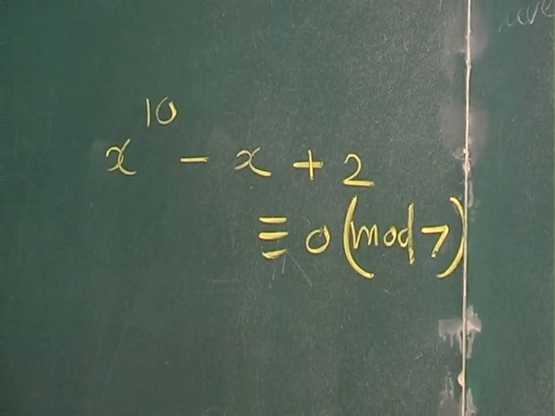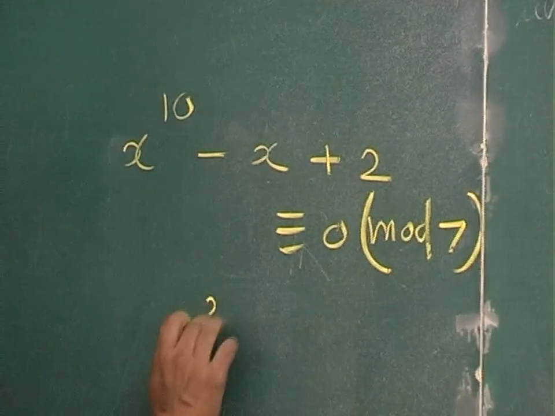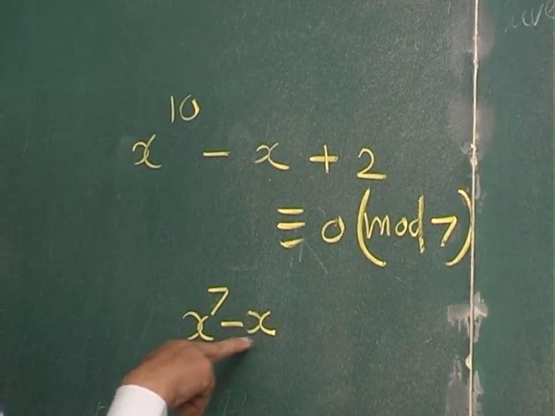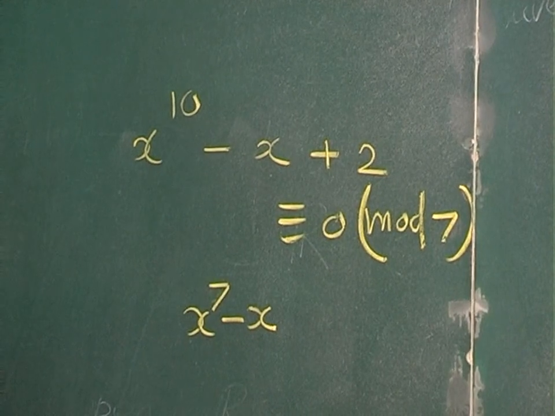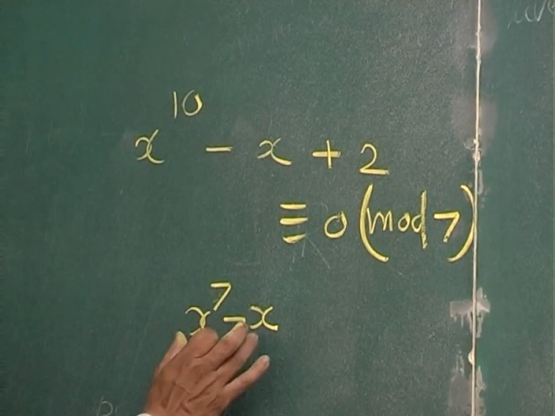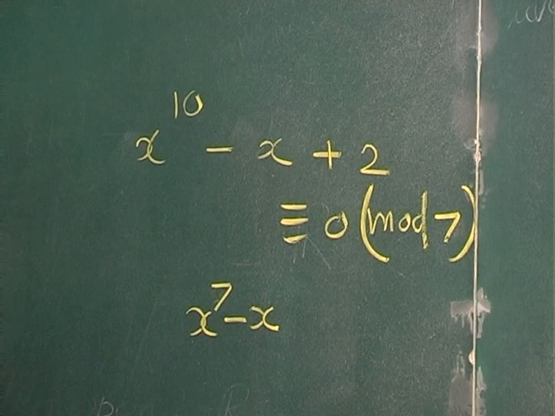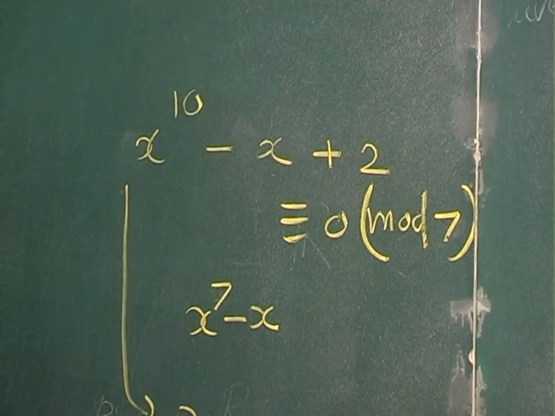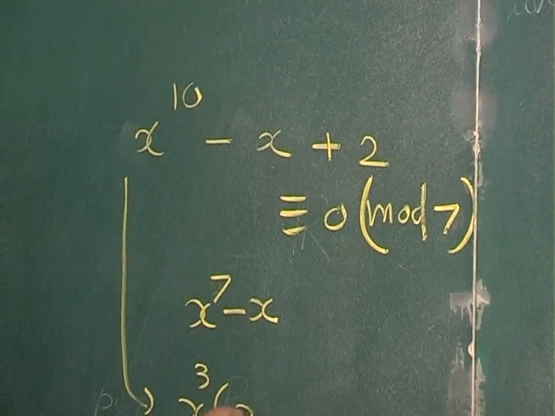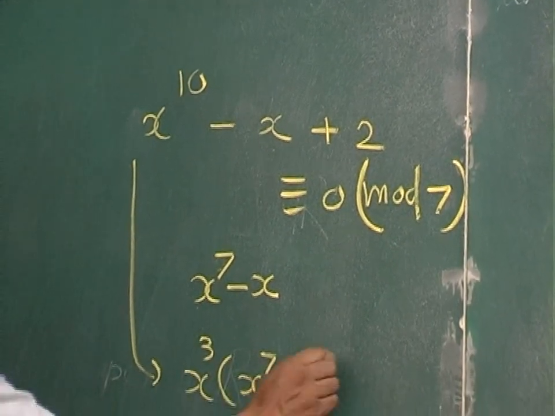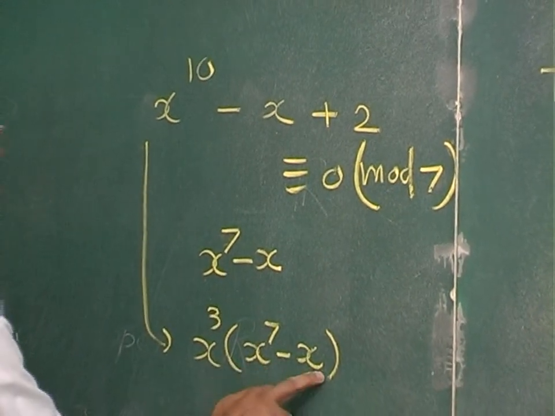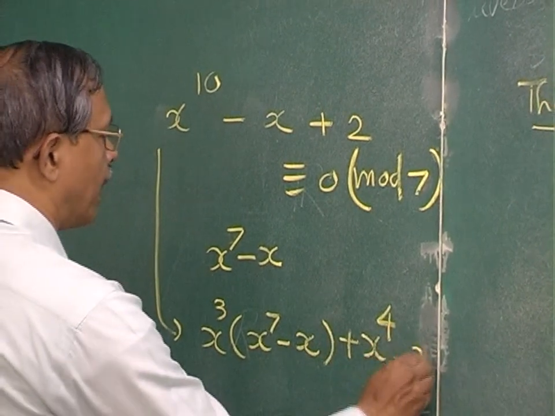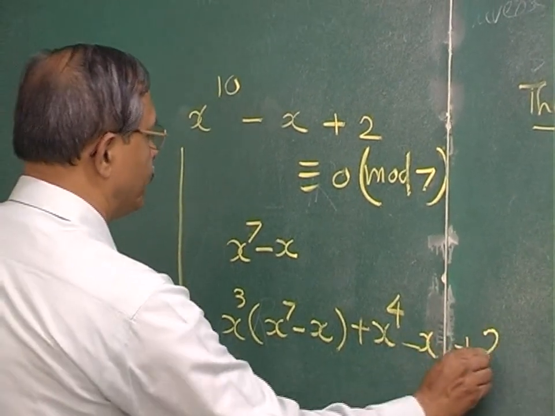You can reduce it to a polynomial congruence of smaller degree by using the polynomial x raised to 7 minus x, which is satisfied by every integer. So just write this as x raised to 3 into x raised to 7 minus x. So this becomes x raised to 10 minus x raised to 4 plus x raised to 4 minus x plus 2.